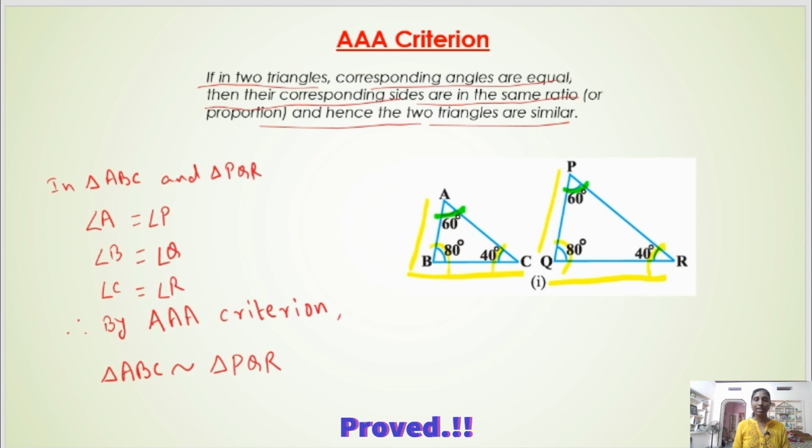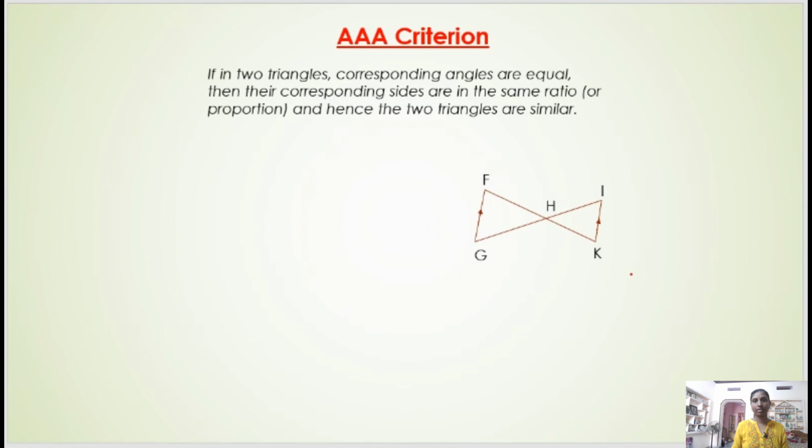Now let's move to the next example related to the AAA criterion. So friends, here we have another example. Here we have to check by AAA criterion whether these two triangles are similar or not. But before that, I need to explain one more thing. Here AAA criterion means corresponding angles should be equal.